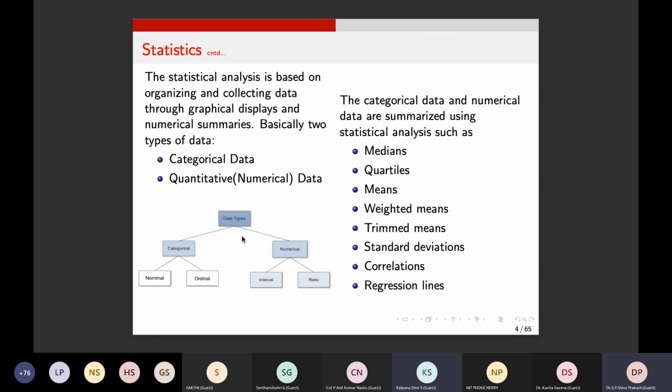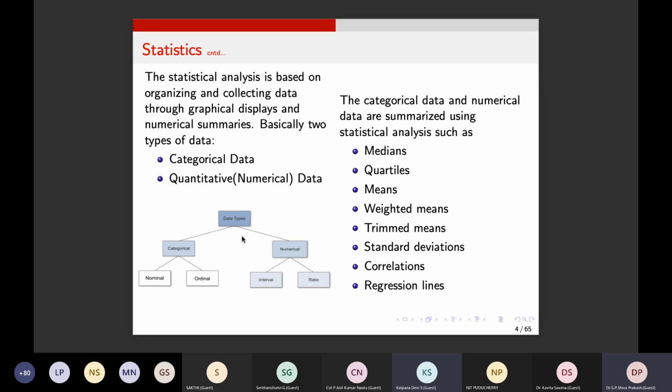Okay, the correlation is a statistic that basically measures the degree to which two variables move in relation to each other. Okay, and finally the regression line.